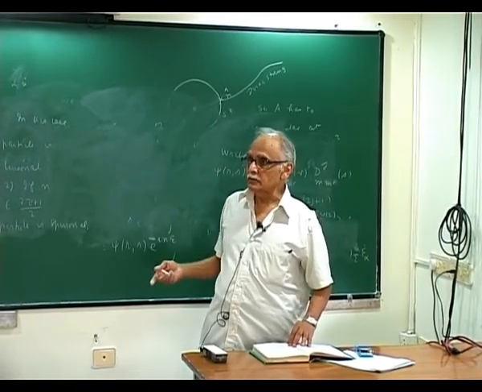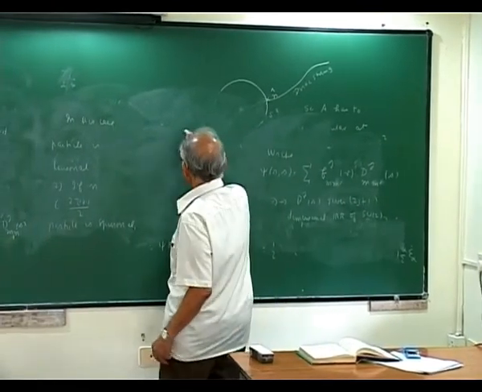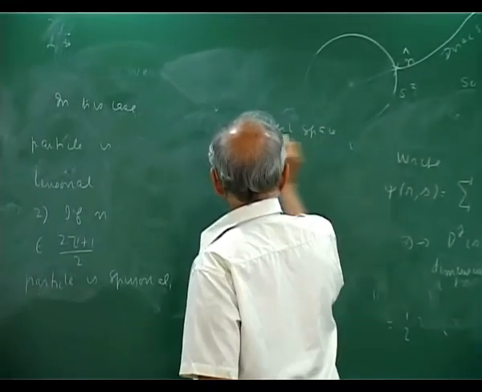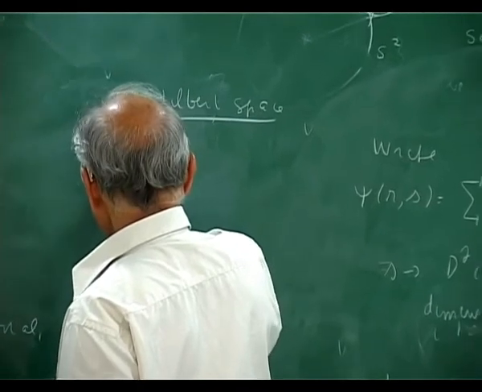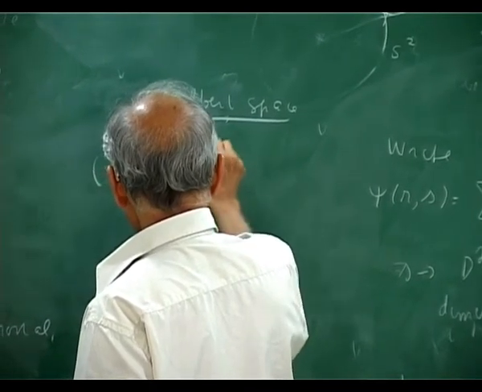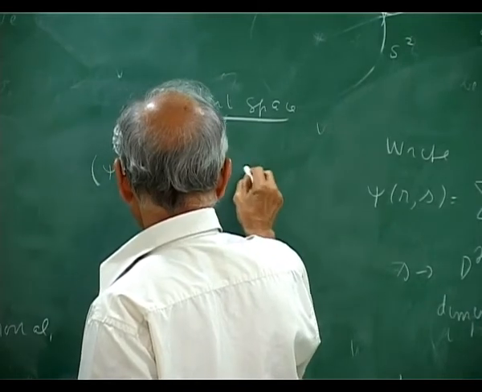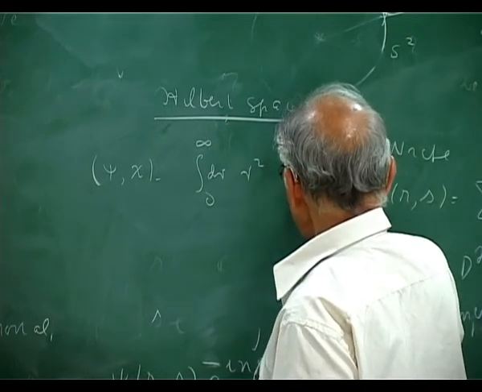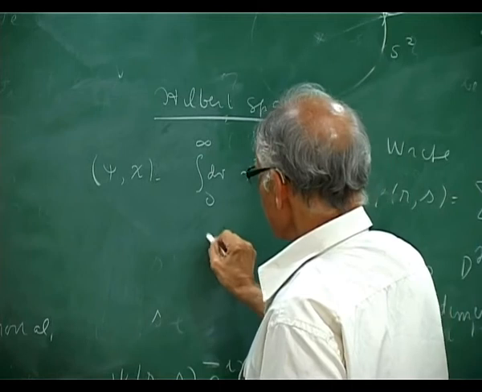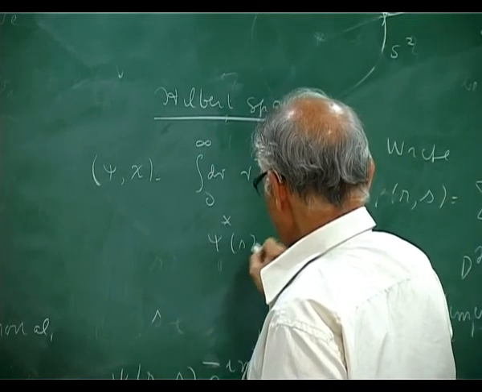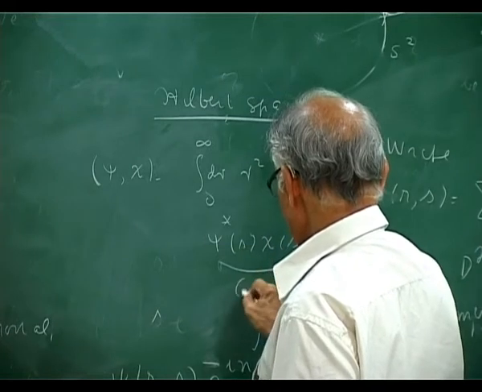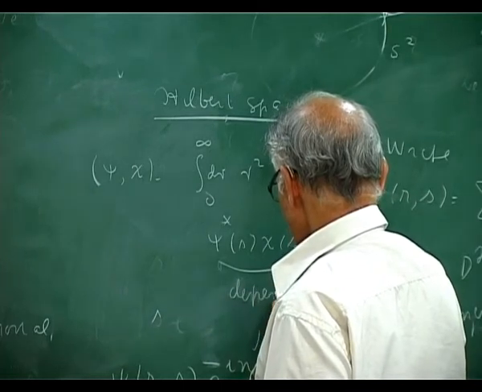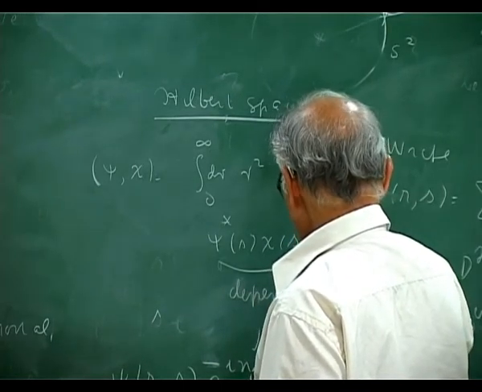In quantum mechanics, you don't remove anything. So what is the Hilbert space? The inner product of psi and chi will be the integral from 0 to infinity of r squared dr, times, I will be very strict, psi star of s chi of s, but this is a function on the sphere, depending on the unit vector.